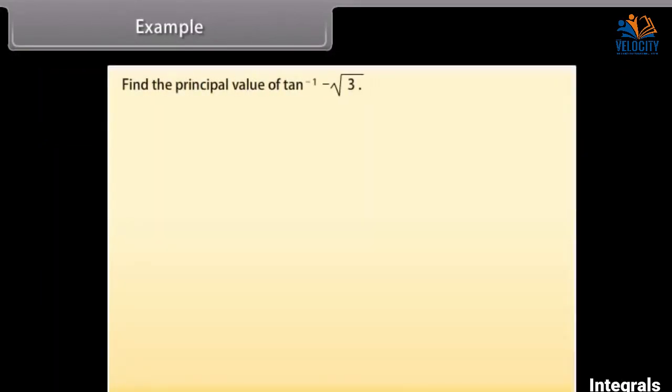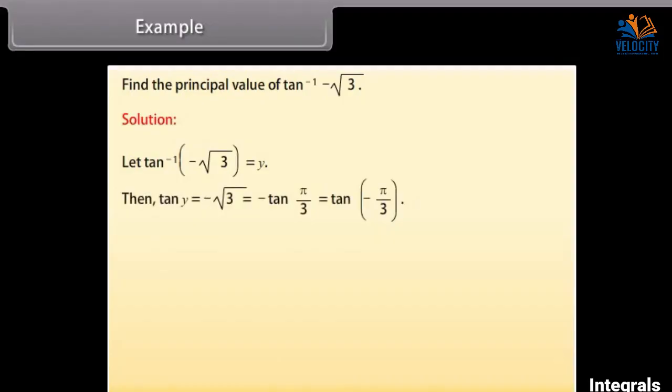Example. Find the principal value of tan inverse of -√3. Solution. Let tan inverse of -√3 be equal to y. Then tan y is equal to -√3, which is equal to minus tan pi by 3, which is equal to tan minus pi by 3.